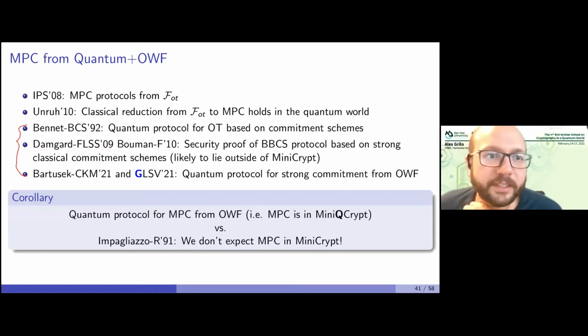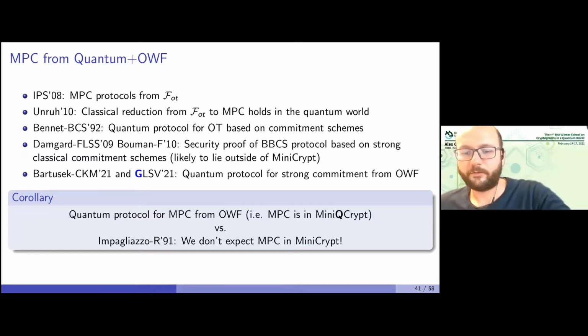So our focus here is just building OT from quantum and one-way functions. If there's no question, then let me move on.